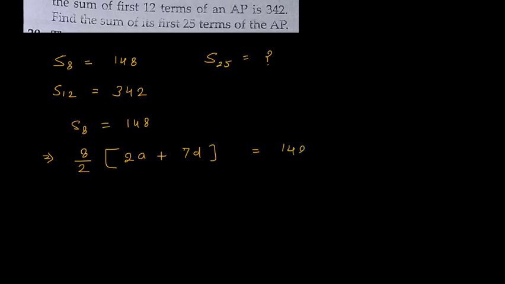This is 148. 2 4s are 8. So therefore 2A plus 7D is equal to 148 divided by 4, which is 37. So the value of 2A plus 7D is 37. This is your first equation.